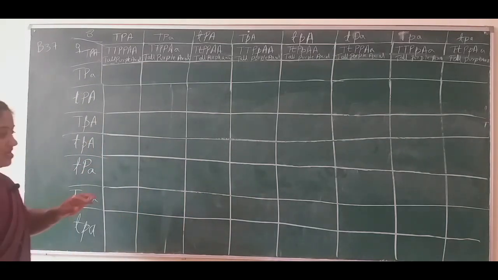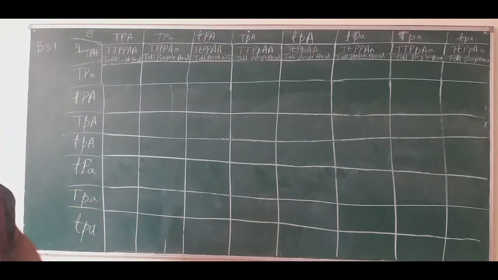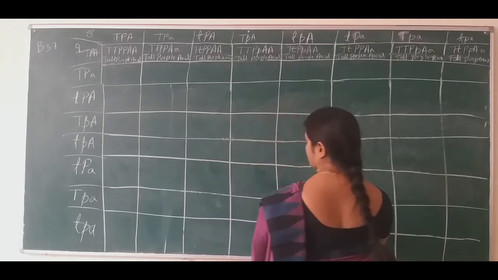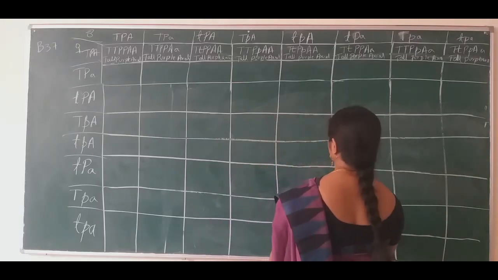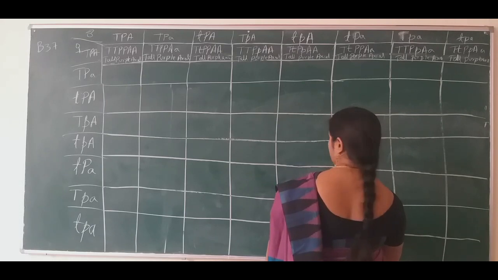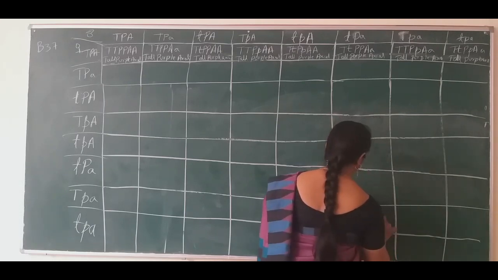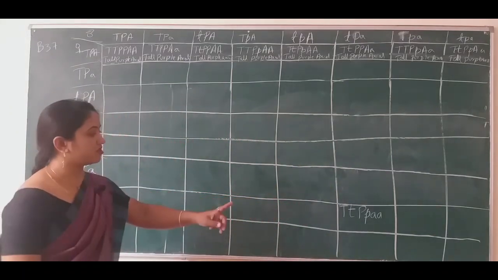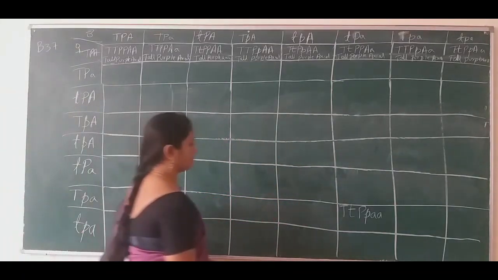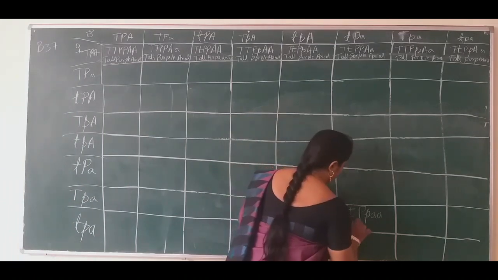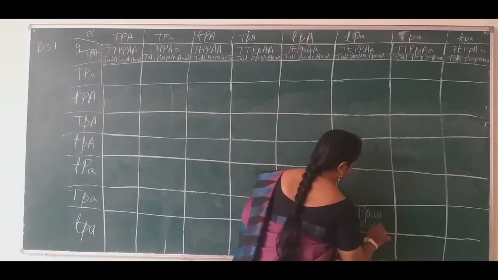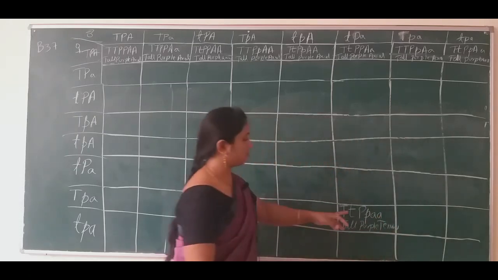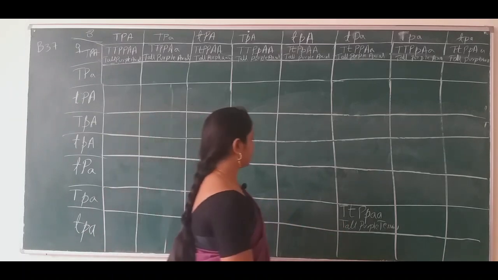Okay, at last I'll write a few gametes. Here I'll write, see, in this column I got tall, purple, terminal offspring. This is terminal. Like that, I'll write a few more gametes.